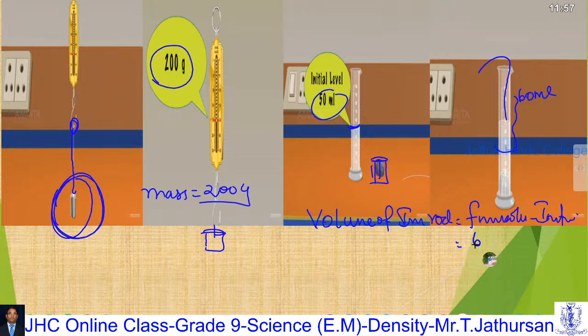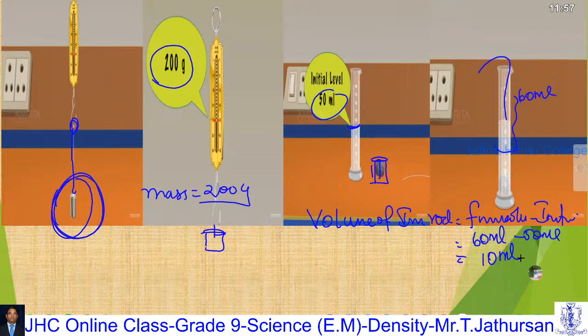Final volume 60 milliliter minus initial volume 50 milliliter. So the volume of the iron rod is 10 milliliter.